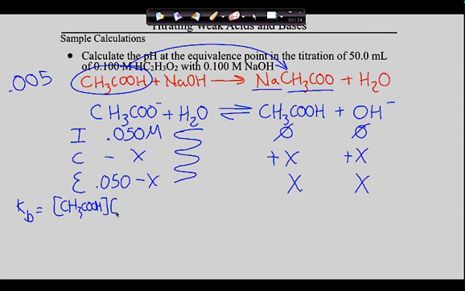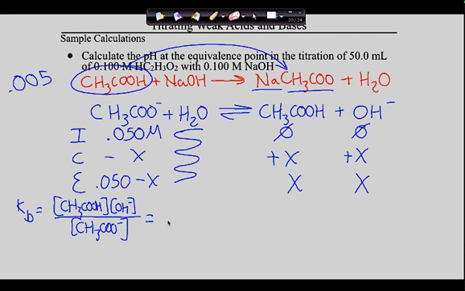CH3COOH, OH, and CH3COO minus, no water. So we need the Kb of that. Whoa. We need the Kb of what? Nope. We need the Kb of our weak base, acetate ion.